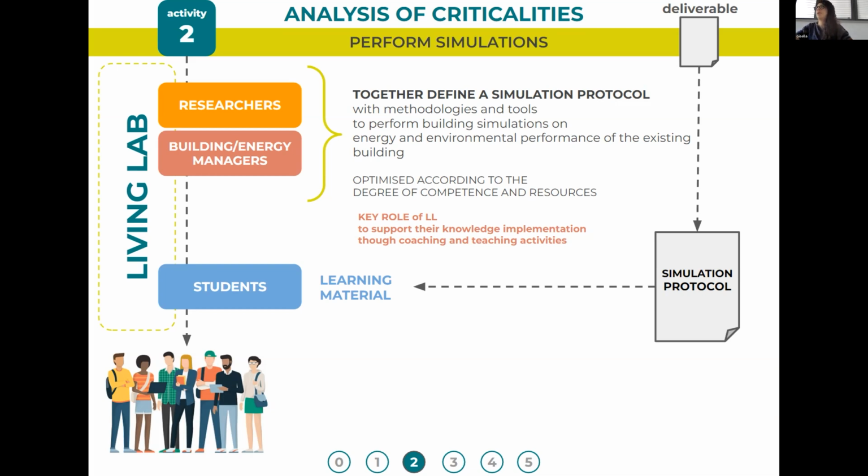So they have to be willing to innovate their modus operandi. This simulation protocol can also be used to deliver new knowledge to students, as learning material.